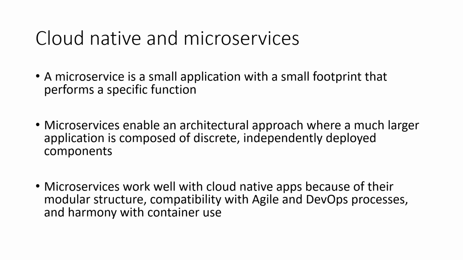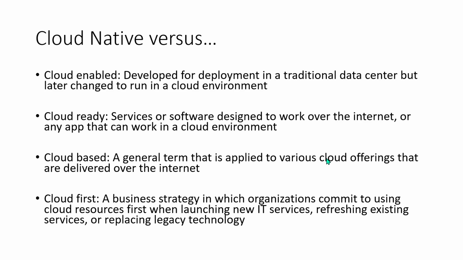Microservices work well with cloud-native applications because of their modular structure, compatibility with Agile and DevOps processes, and harmony with container use. So remember these are some of the cloud-native and microservices principles to work with.